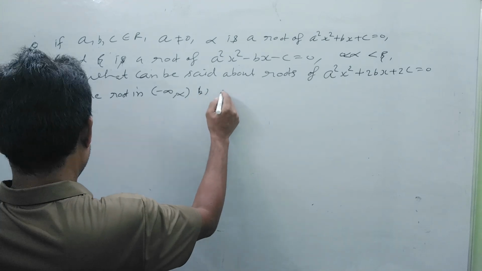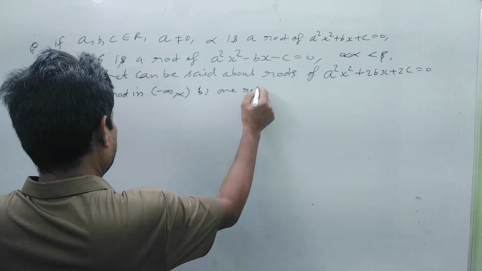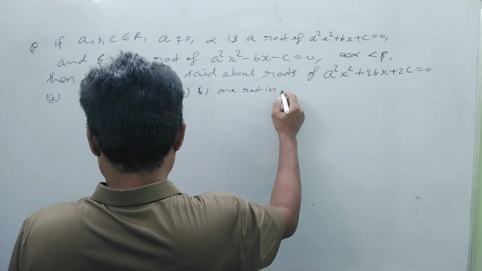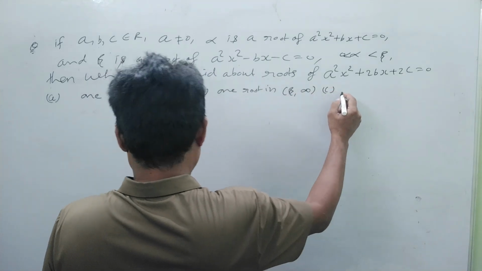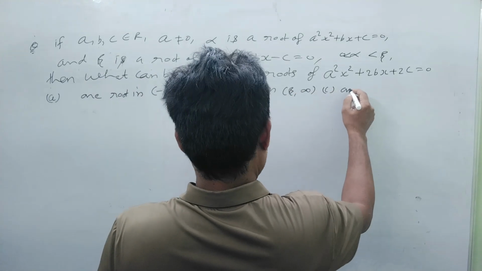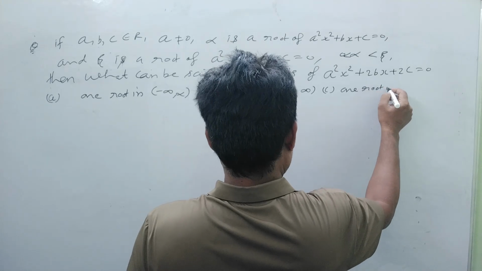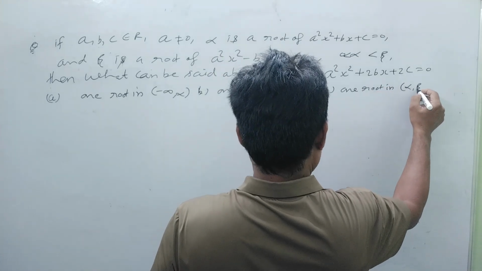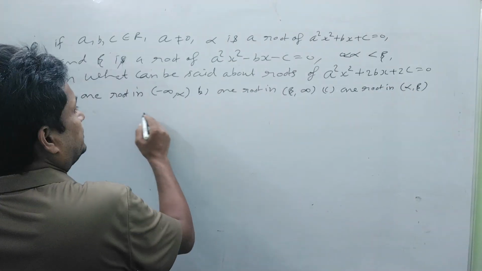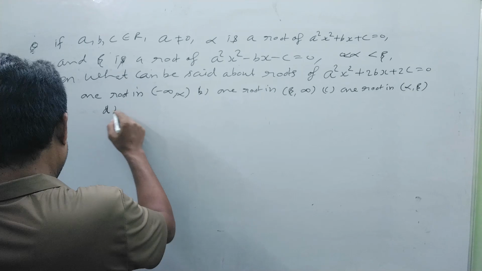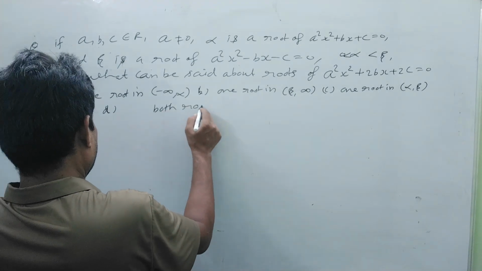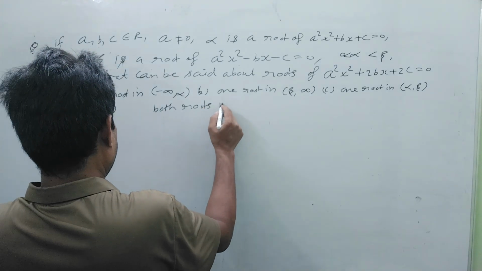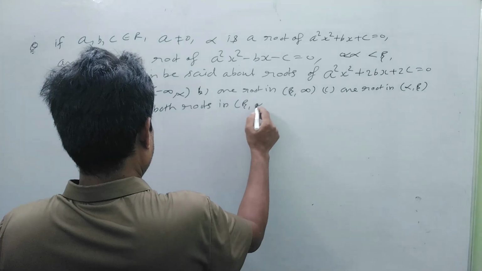B is: one root in beta to infinity. C option is: one root in alpha to beta, and D option is: both roots in beta to infinity.